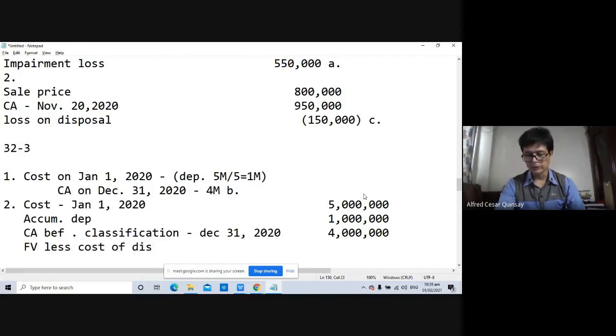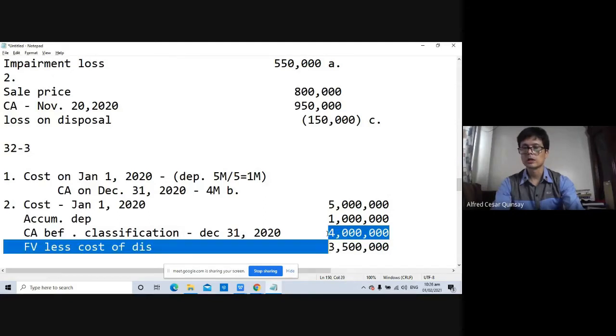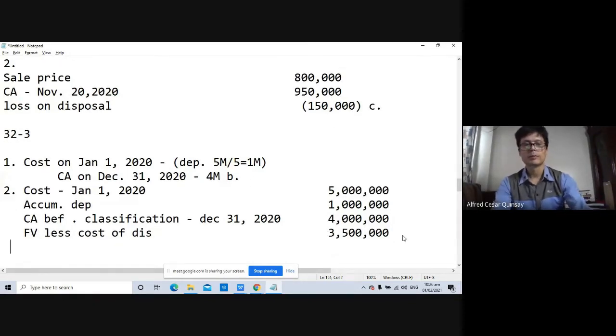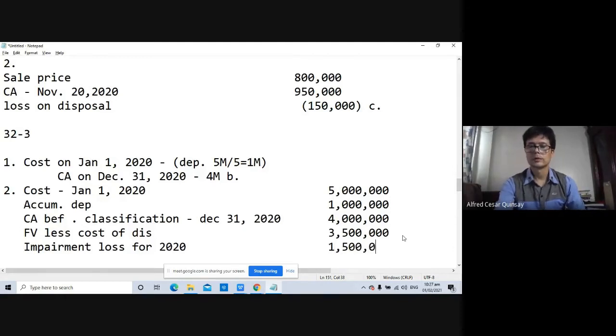Okay, fair value less cost of disposal is ang kalagay dyan is 3.5 million. So kunin lang natin yung difference nitong dalawa, itong 4 million saka itong 3.5 million. So ano yung magiging impairment loss niya? Kagaya ng kinumpute natin yung same procedure kanina. Impairment loss yan. Oh, 500,000.